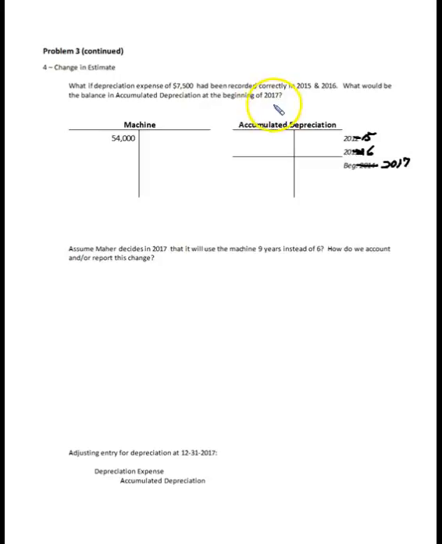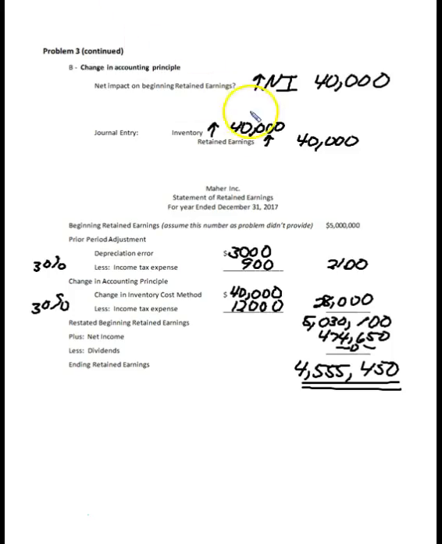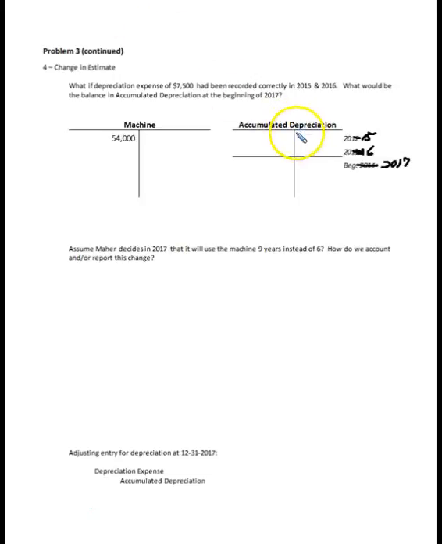And if it had been at the beginning of 2017, then it should be, right, this $15,000. So there would have been $7,500 expense recorded into accumulated depreciation each year, and that would total $15,000. So at the beginning of 2017, we would have that.